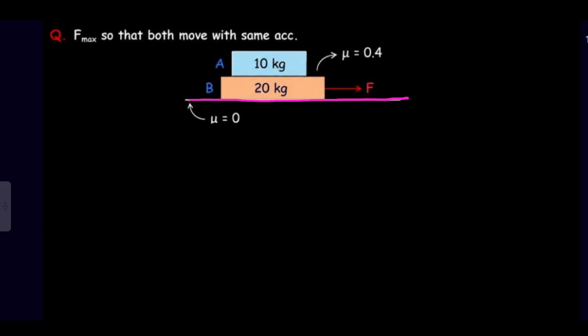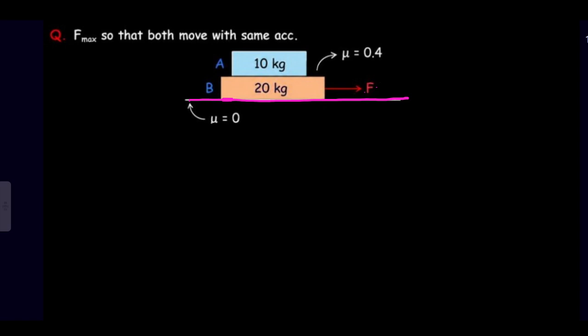Now let's understand first of all. We apply the force on which block? On the B block. Then there is no friction with the ground, so no need to worry there. This B block will try to move to the right side.